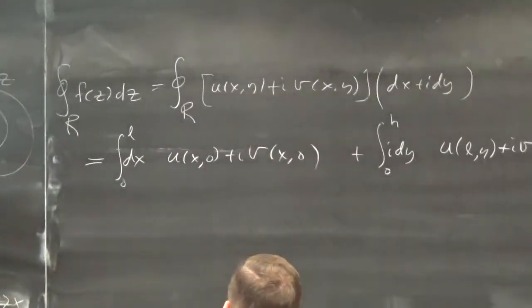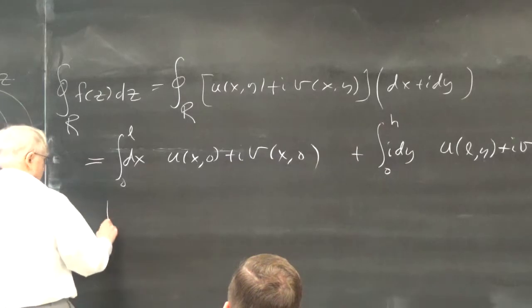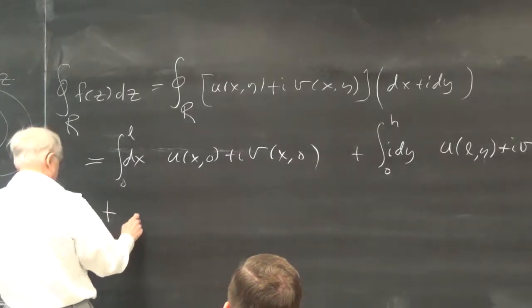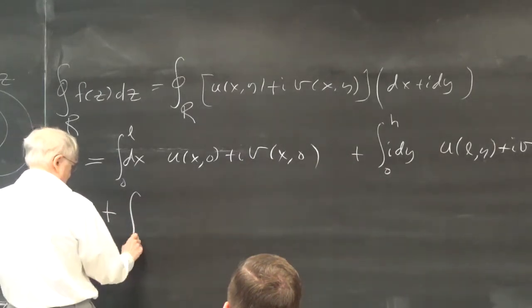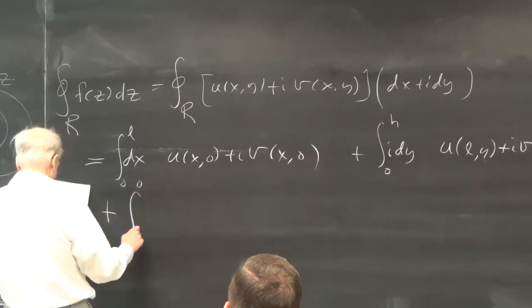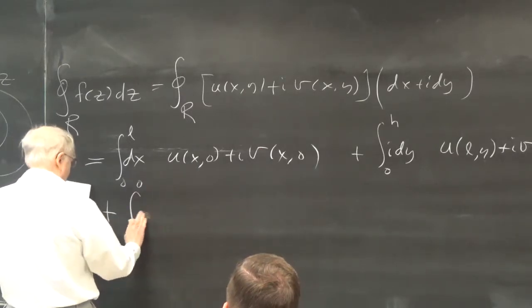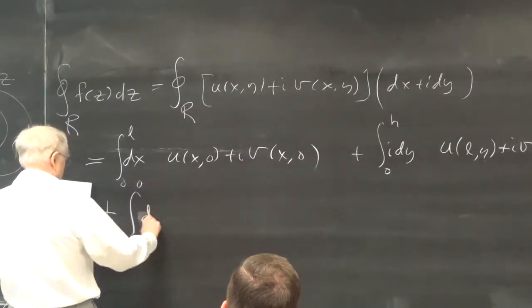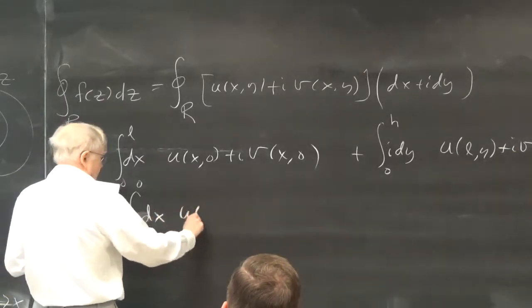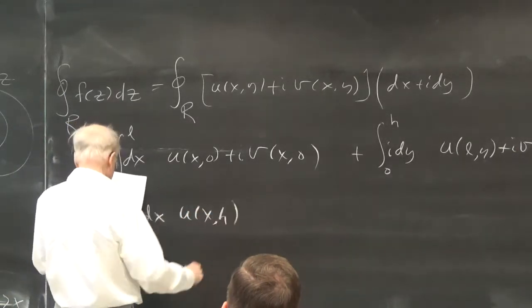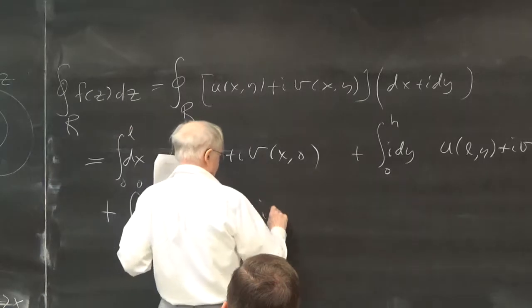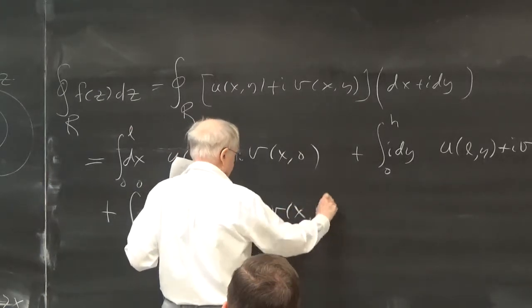And then, I'm frankly always confused when things go backwards in integration, but what it amounts to is an overall minus sign. Or one can just write it explicitly. We're going from L to 0 of dx of u of x and h plus i v of x and h.